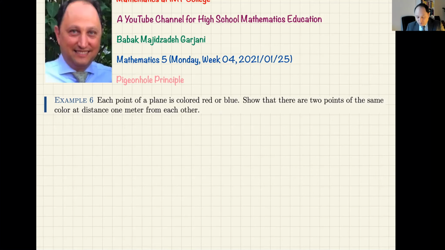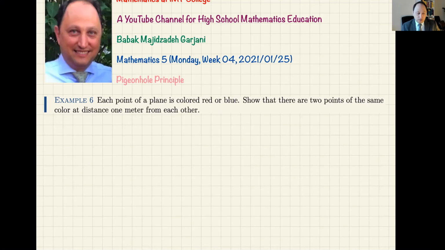I want you to feel that this seems a very hard problem, but if you think a little bit closer about this, then you will find a way to use this very trivial pigeonhole principle to argue so that everyone is convinced that this is true. So the problem is that I have a plane containing infinitely many points, of course.